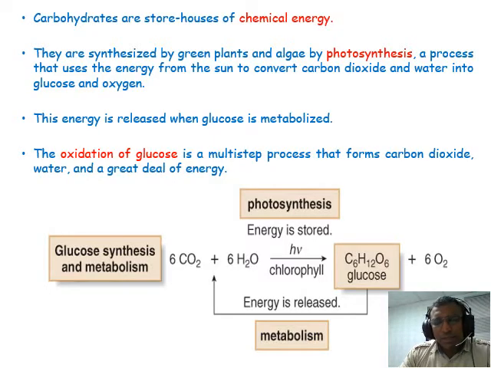This slide is referring to the fact that all the energy comes from the sun. Sun energy is absorbed by chlorophyll in green plants, and this energy can be used to connect carbon dioxide to water and form glucose eventually.